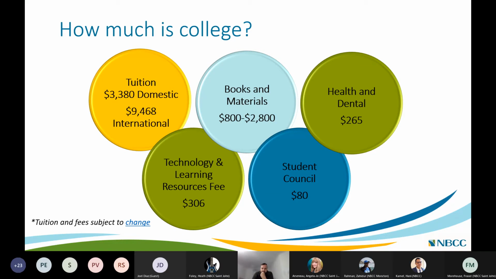Your technology learning fee and resource fee, which is $306, and then the student council fee. So those are just a few fees that you will for sure have to pay. I think health and dental would be optional though, so that would be up to you if you want to take that on.